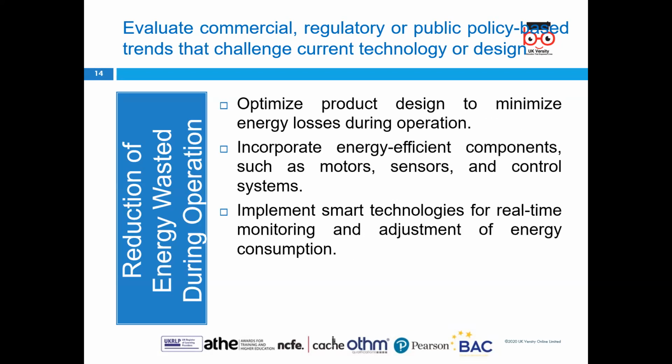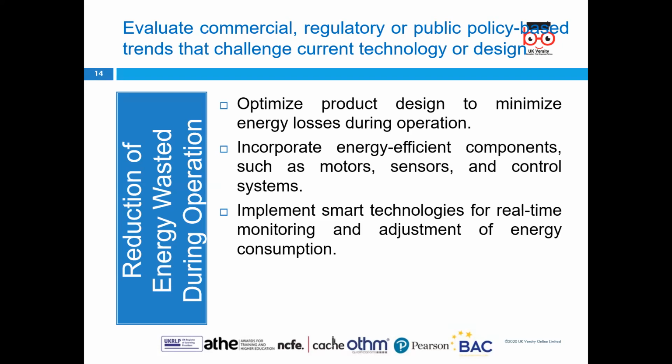Then you have to optimize the product design to minimize energy losses during operation. This is the continued version of reduction of energy wasted. So if the product design is optimized, then the energy losses will be reduced. Again, how this optimization will occur is to see there are no excess energy uses.